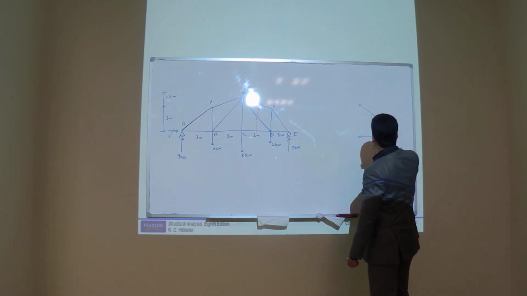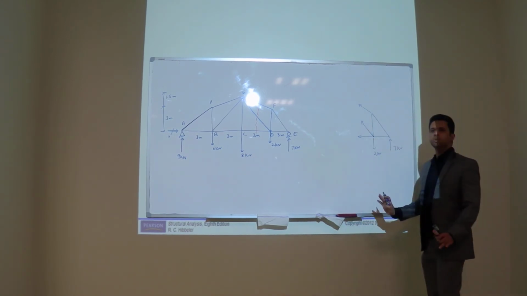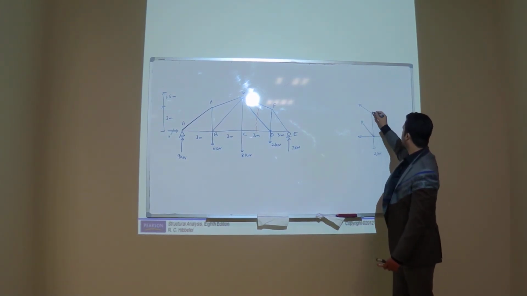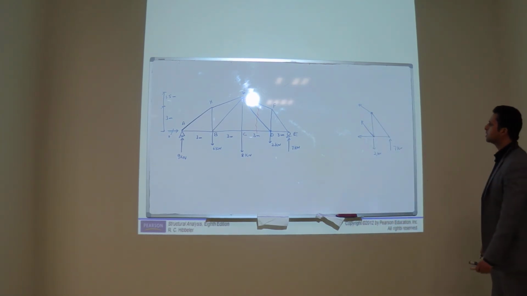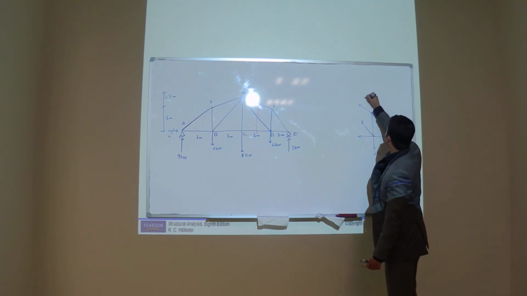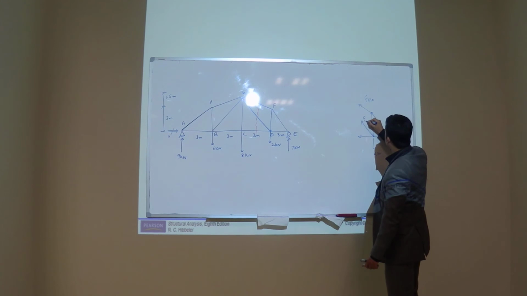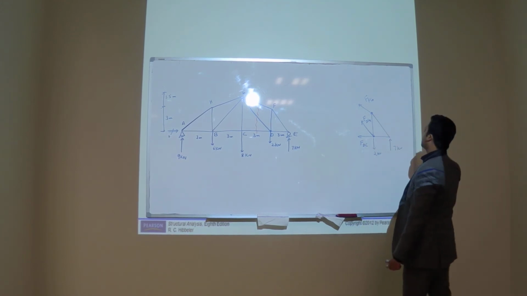And this force is what? You can assume that all these forces are going away from the joint, so all these forces are tensile forces. This force you can name FGF, then FDG, and FDC.